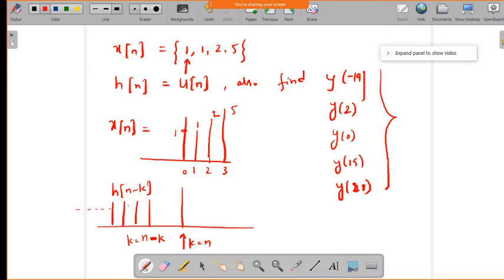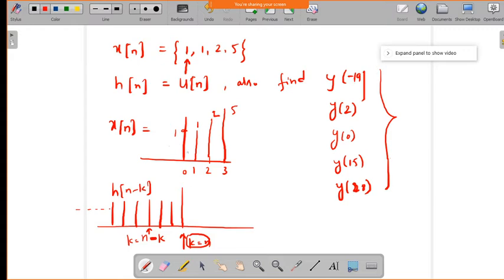This is the reflected version. You can even try to plot this till the value where k becomes equal to n. So somewhere here we will get the n minus k sample. Now we need to convolve these two signals.